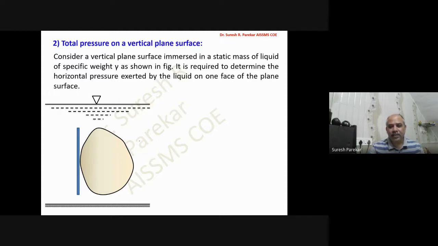Now each point is going to be at a different height from the liquid surface. So now let us consider a small strip of this surface, having width B and thickness dh, and this strip is at a distance h. Let dP be the total pressure on this area.